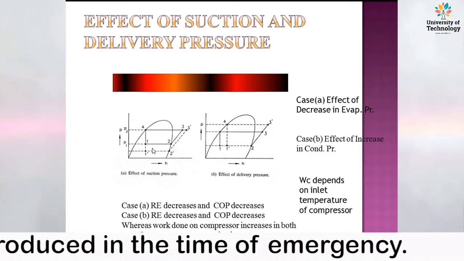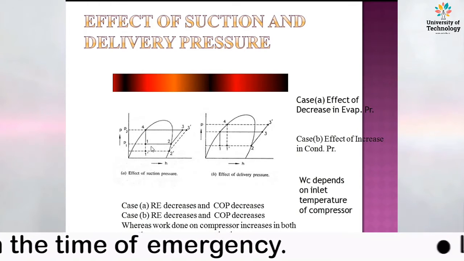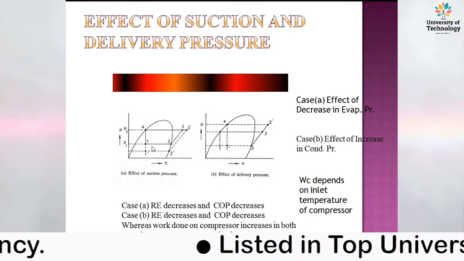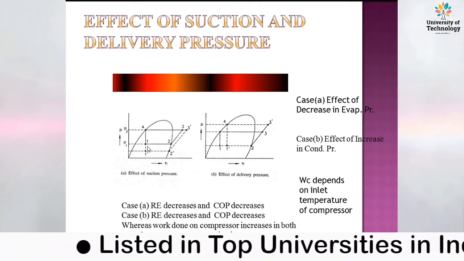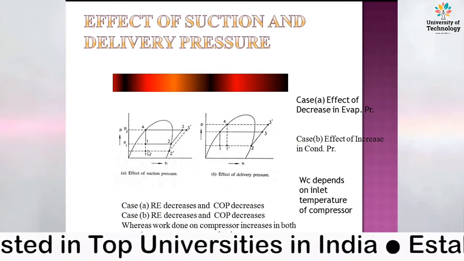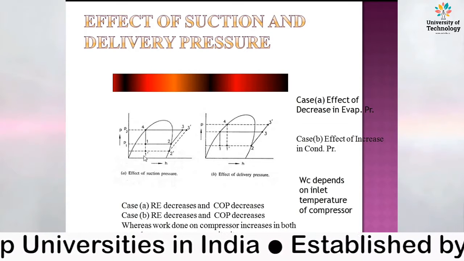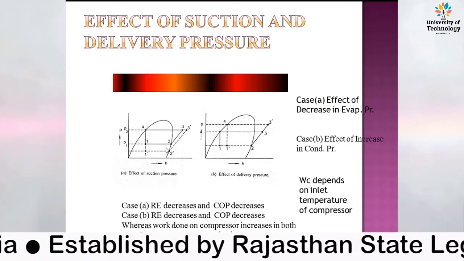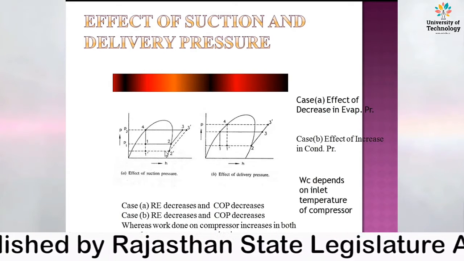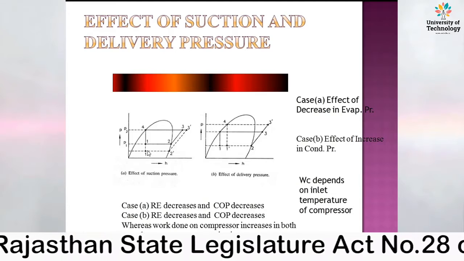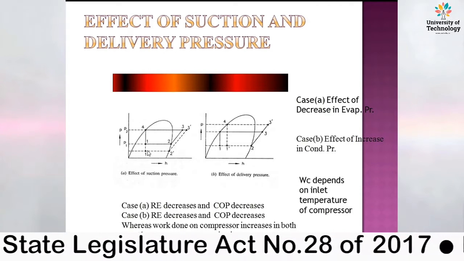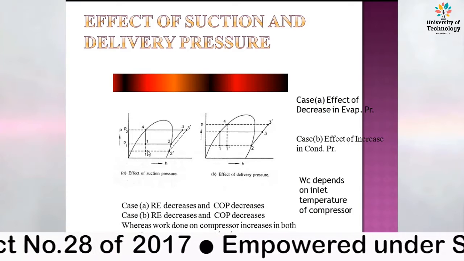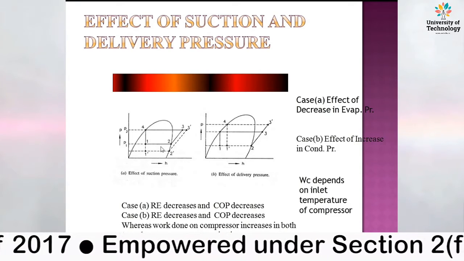Refrigerant effect means the amount of heat extracted from the surroundings for cooling, which equals H2 minus H1 in the initial case. In the final condition, it is H2 dash minus H1 dash. H2 dash is less than H2. Therefore the refrigerant effect decreases by decreasing the evaporator pressure or suction pressure.